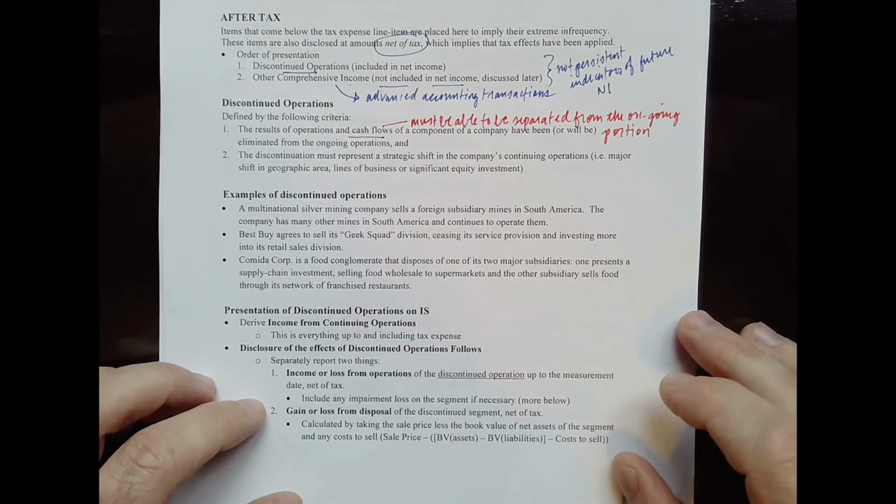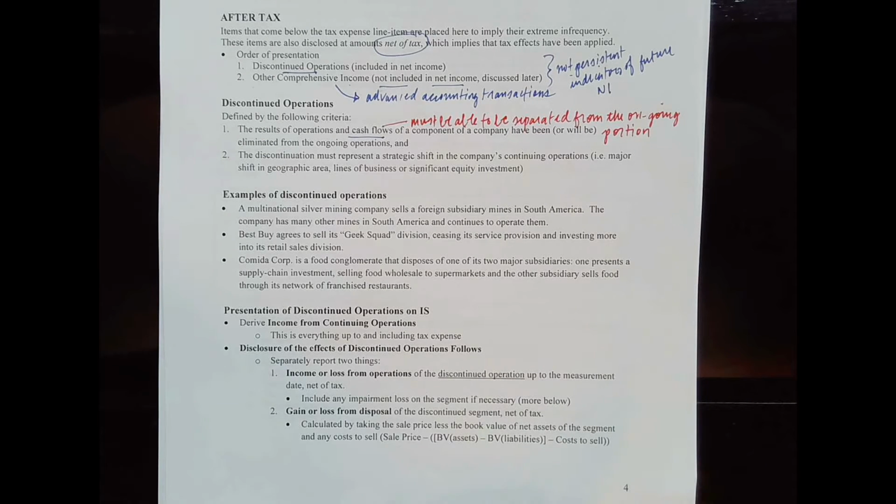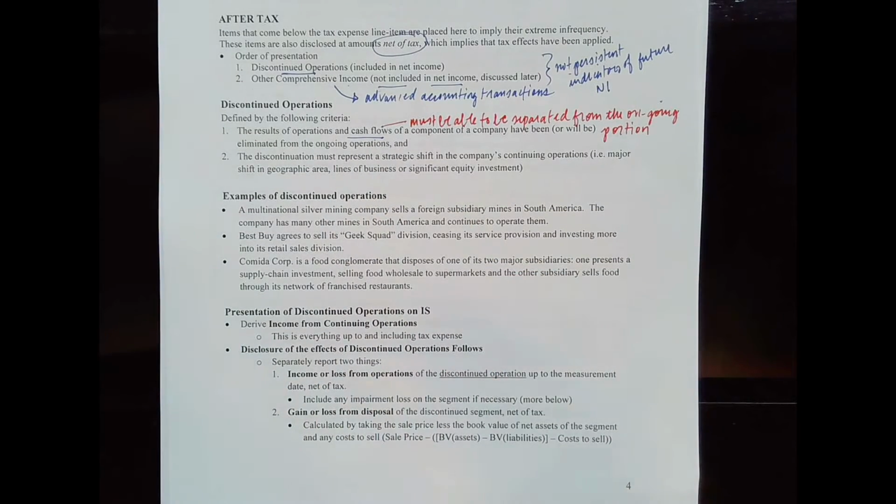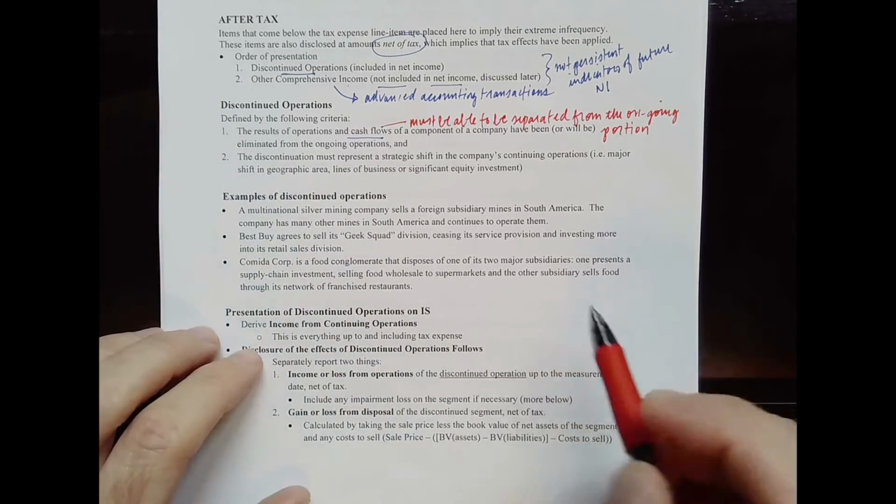We have to be able to do that in order to accurately disclose, all right, these are the assets that are going to go in the discontinued part. These are the assets that are going to go in the ongoing portion of the company, right? So cash flows, asset structures, liability structures, we have to be able to separate them out from a financial statement perspective in order to appropriately report this.